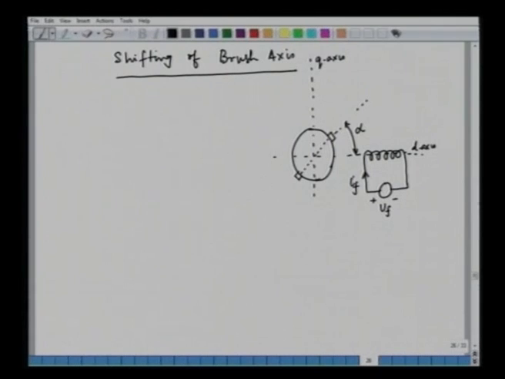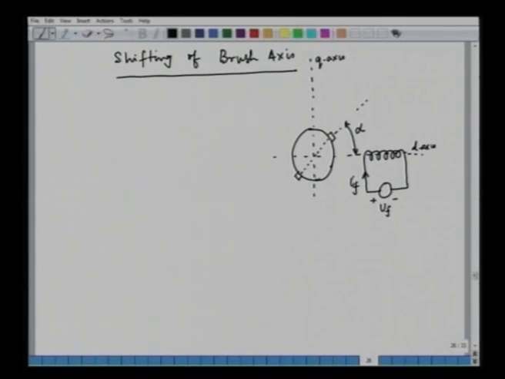I mean, we have little different type of DC machine here, where the brush axis is shifted from the magnetic neutral position. Okay, this may be true when we have the shifting of the brush from the magnetic neutral position.